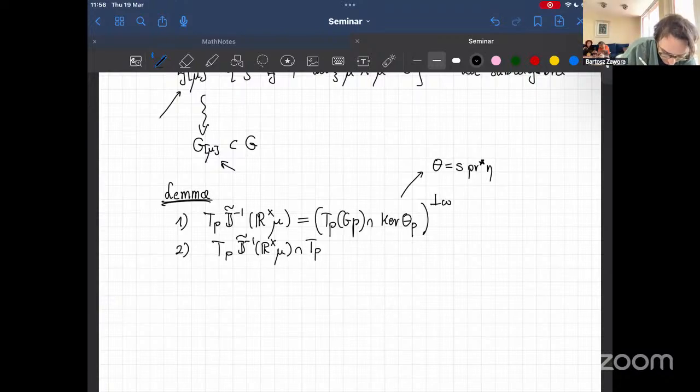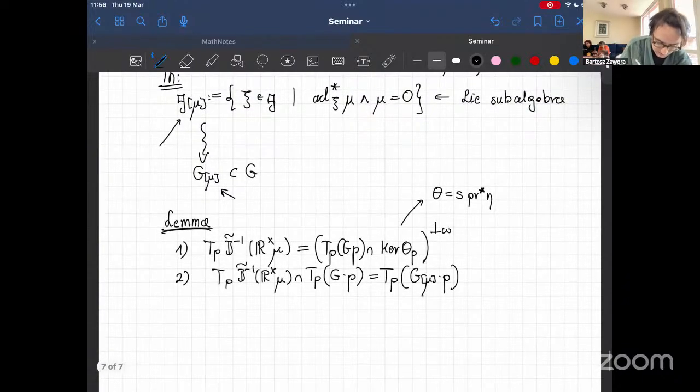So in the intersection of the pre-image of the momentum map of R cross mu with the tangent space to the orbit at P, is the tangent space to the orbit at P generated by this Lie subgroup G mu in brackets.